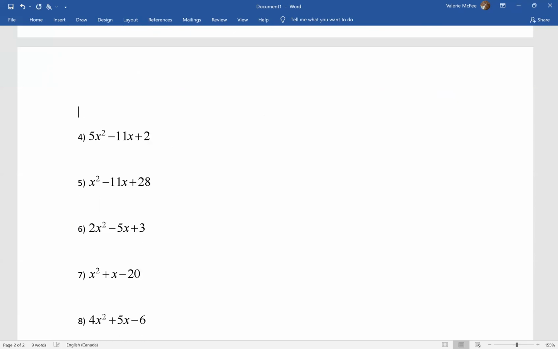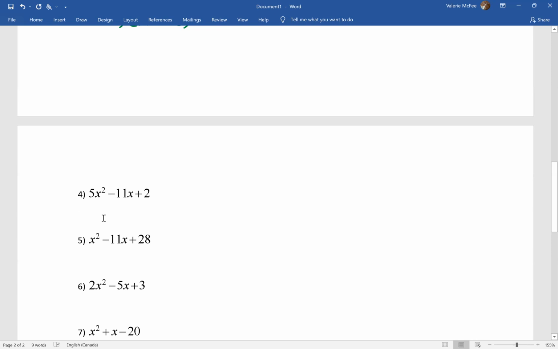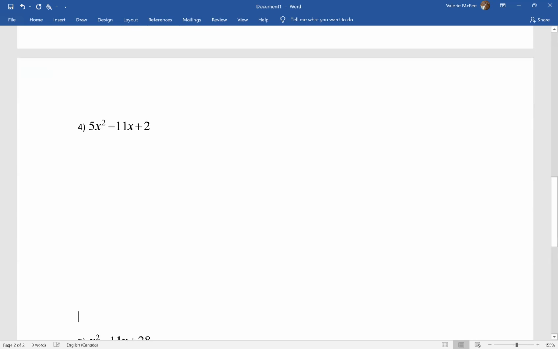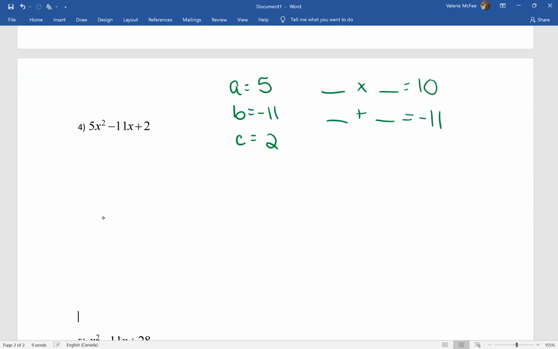All right, what about question 4? A equals 5, B -11, C is 2. Two numbers that equal A times C and add to equal B. If they're both negative, it works.